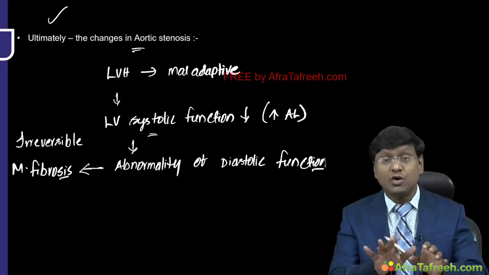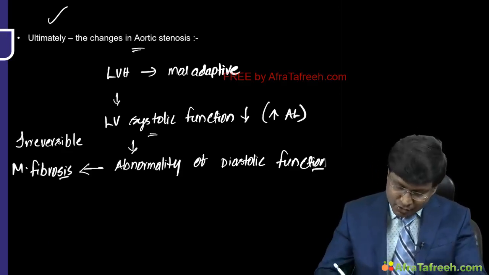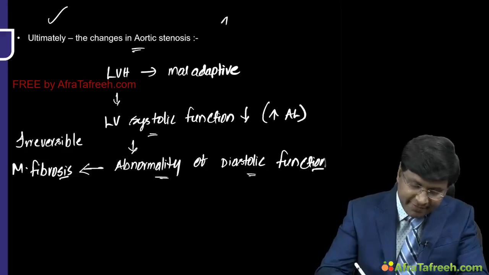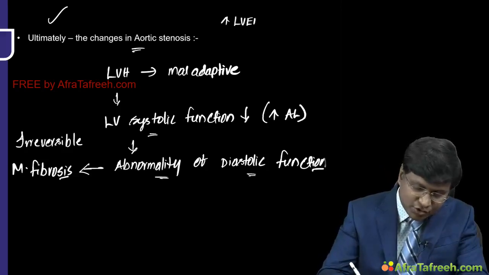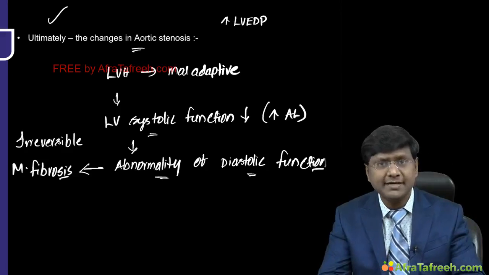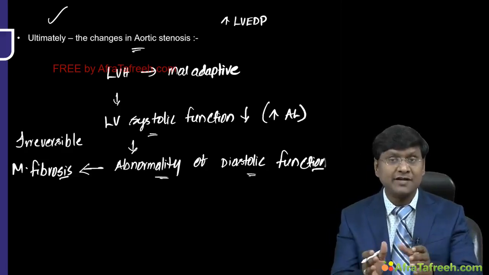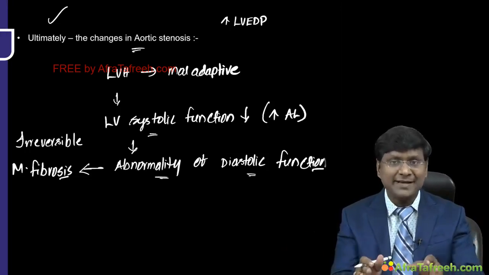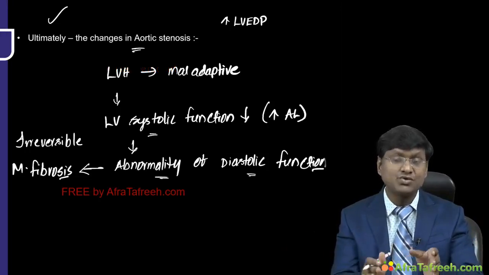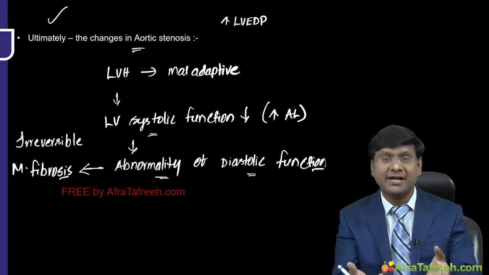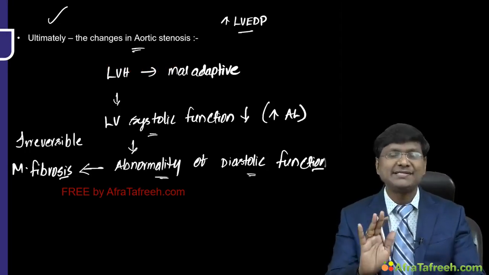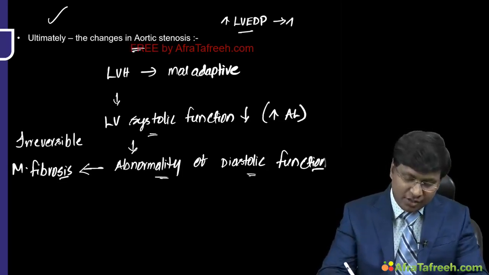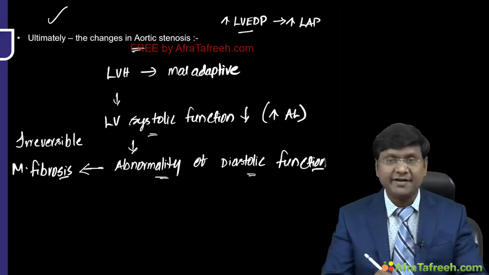Now you see, because of this, what all things happen in the left ventricle? Because of abnormality of the diastolic function, there will be an increase in the LV end diastolic pressure, right? The ventricular systolic function is declined because of increased afterload, and at the same time there is left ventricular diastolic dysfunction because of left ventricular hypertrophy. So there is an increase in the left ventricular end diastolic pressure, and this will further cause an increase in the left atrial pressure.